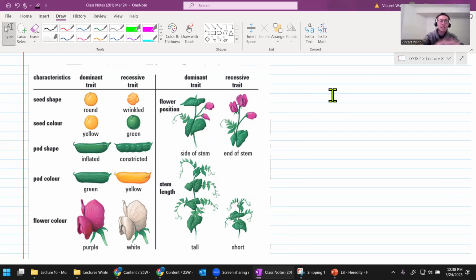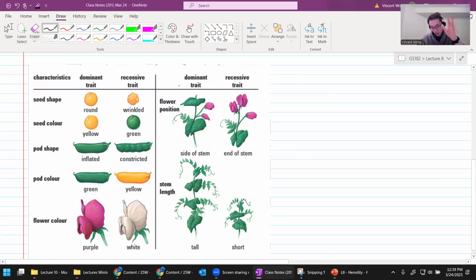This is a summary of his work, and he found out that, for example, the seeds can be round or wrinkled, and brown is the dominant trait. The color yellow is dominant over recessive, and so on and so forth.